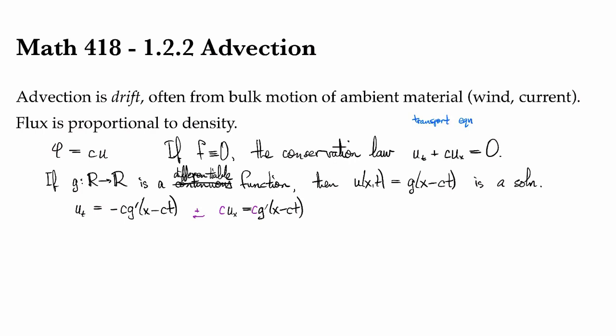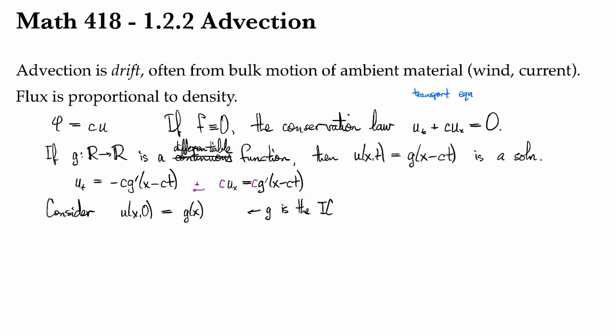Now let's take a look at this solution. If we look at some time snapshots, u at time 0 is just going to look like g of x. What that's telling you is that g is the initial conditions. If we look at what's happening at t equals 1, then we have g translated to the right by c.